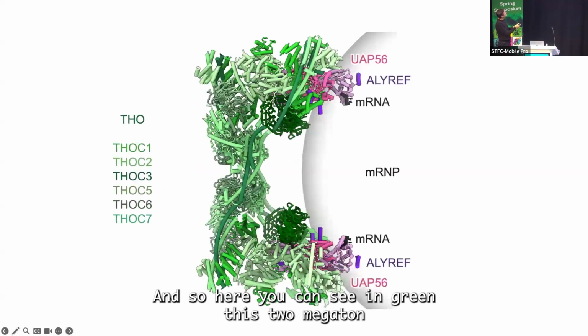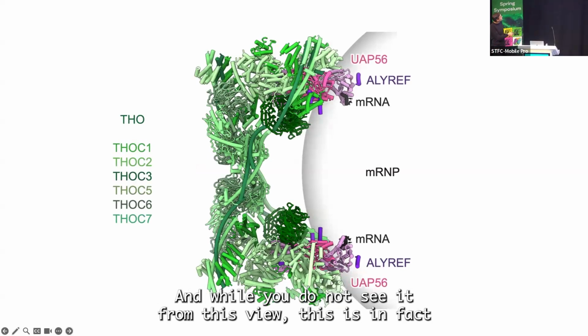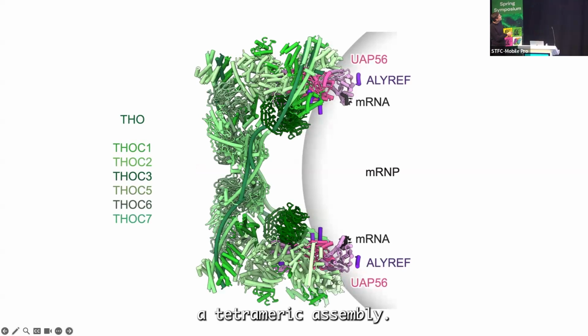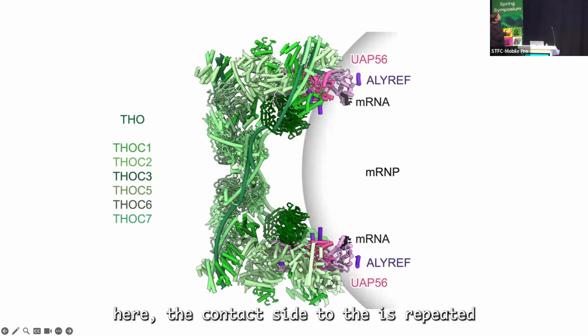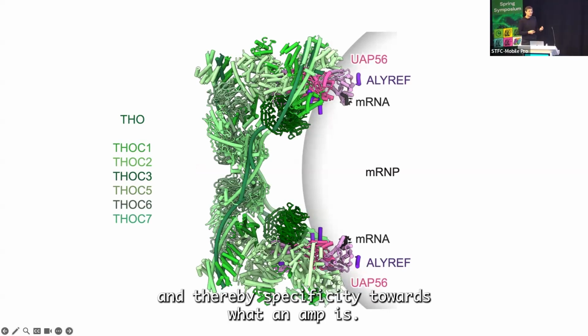Here you can see in green this 2 megadalton assembly that I mentioned that binds on the surface of the mRNPs. While you do not see it from this view, this is in fact a tetrameric assembly. Each of these ends, the contact site to the mRNP, is repeated 4 times, presumably adding avidity and thereby specificity towards what an mRNP is.